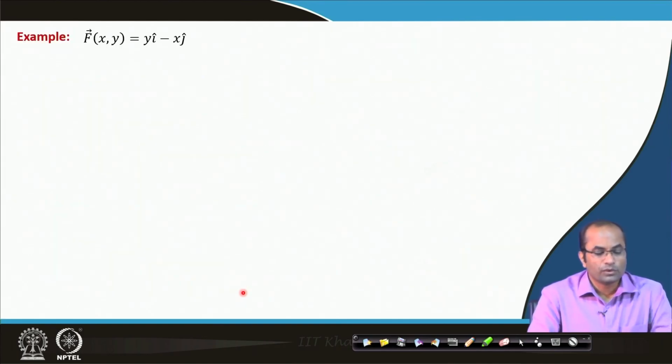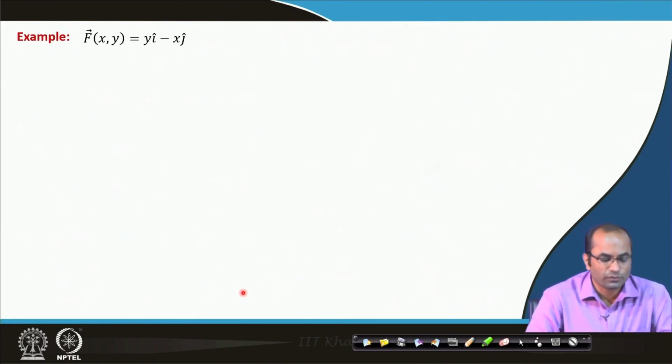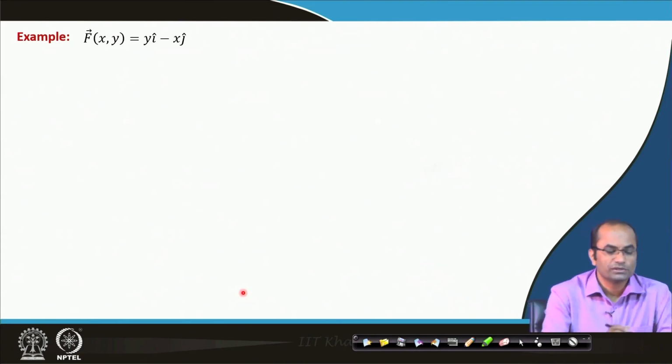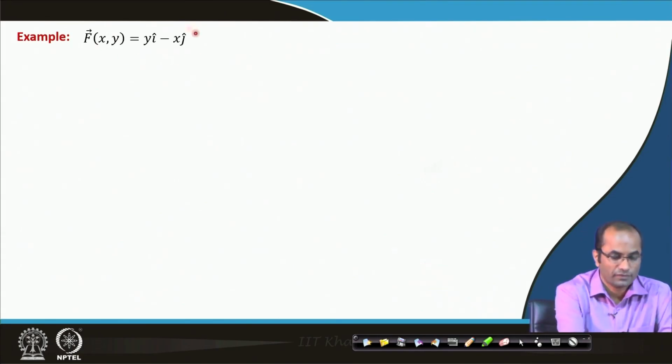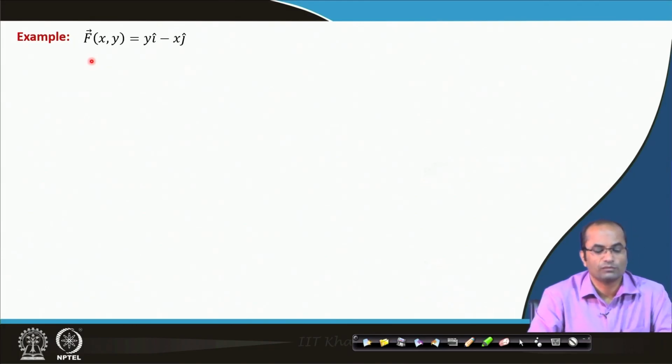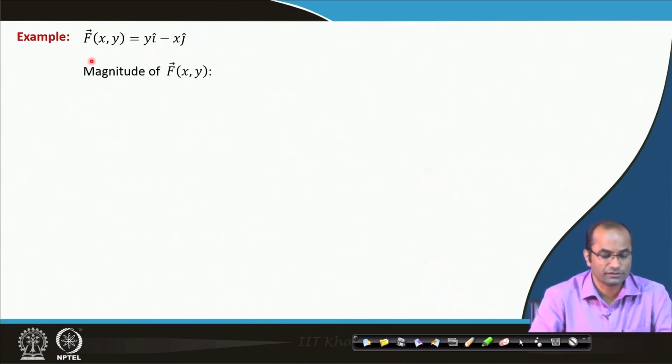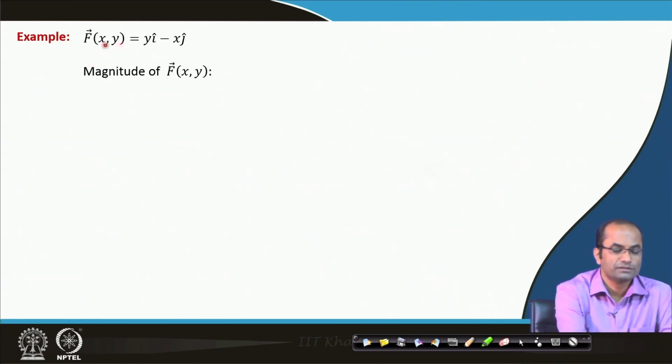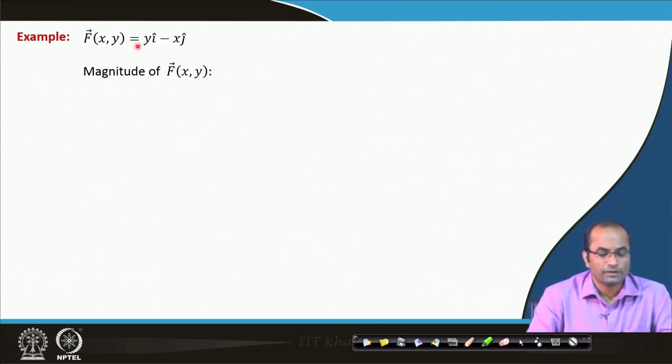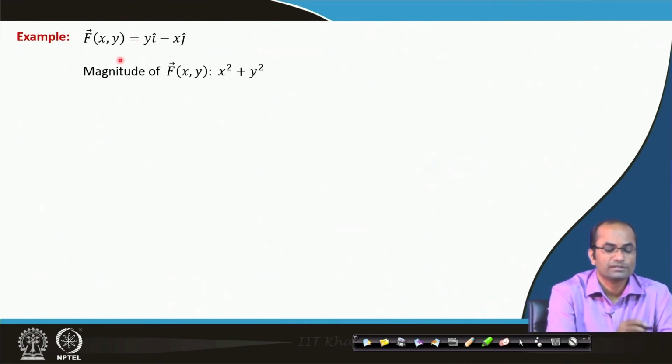Now, the question is how to visualize these vector fields. That is another important component which we will discuss through this example. Let us consider that the vector field is given by f of x y equal to y i minus x j. What is important is that the magnitude of this function f at x y is given by the square root of x square plus y square.